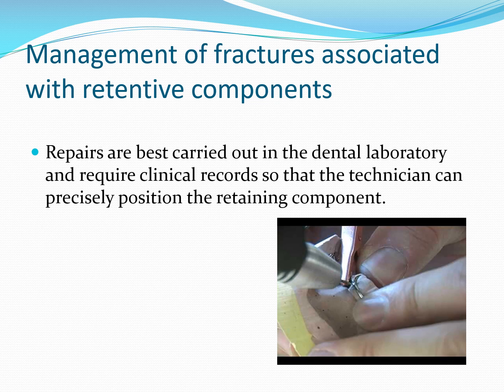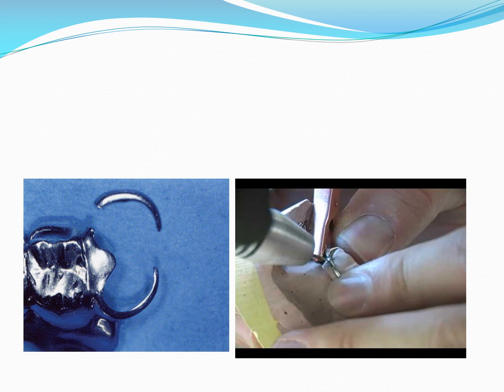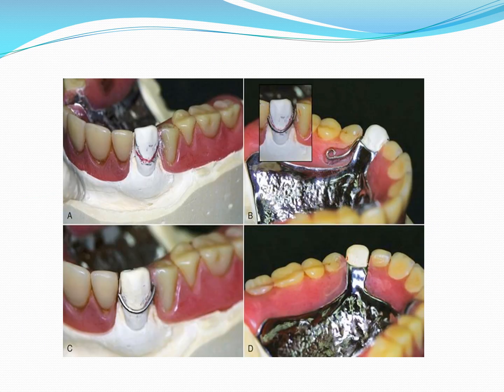So repairs are best carried out in the dental laboratory and require clinical records. For these clinical records we take a pick-up impression, and with the copings we give it to the technician, and in the lab we position and reassemble the retaining components. We are doing this repair.